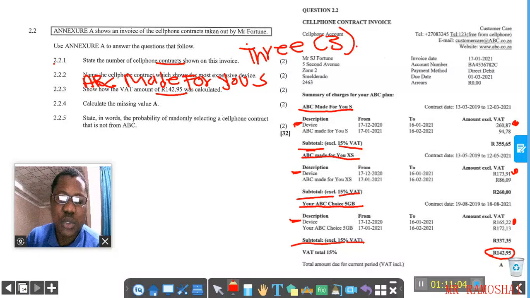So what are we going to do? If you check, this VAT is not favoring any contract here. It means this is the VAT for the 3 contracts, right? So what are we going to do?